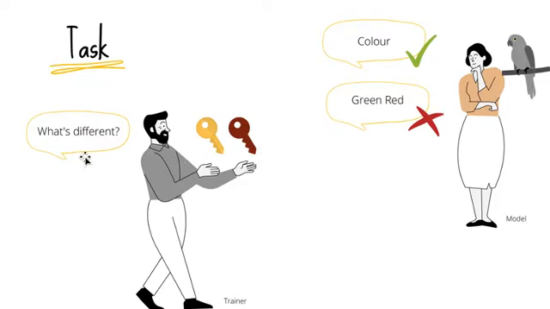And the correct response here would be color. So if they say color, they are given the keys. They cannot say green or red. That is the incorrect answer. What we want is the category label. So here the label is color, not the specific color, green or red. We want them to say color.